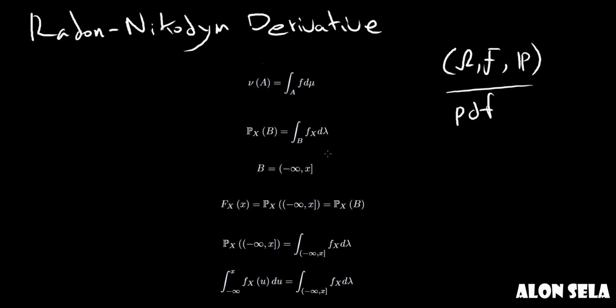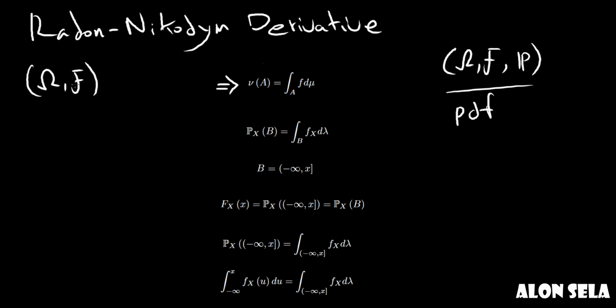So let's talk about the first step. In order to understand the Radon-Nikodym derivative, we need to talk about a measurable space. So let's talk about the measurable space omega, F.